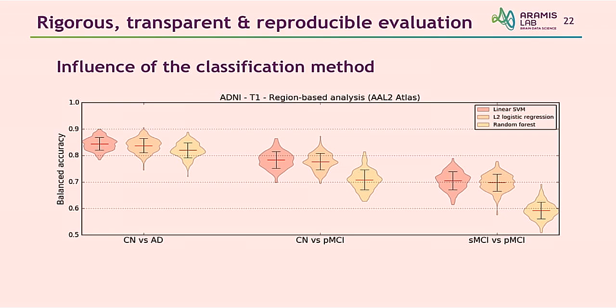And basically, the results show that both the linear SVM and logistic regression with the L2 regularization lead to a similar balanced accuracy, which is higher than the one obtained with the random forest for the different tasks that we tested. We tested control versus AD, control versus progressive MCI, and stable versus progressive MCI.